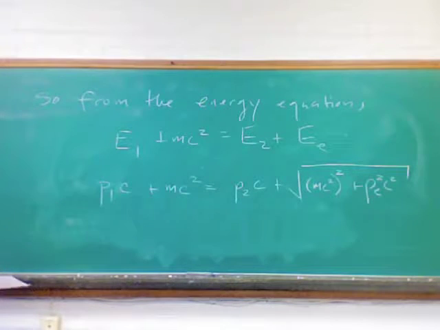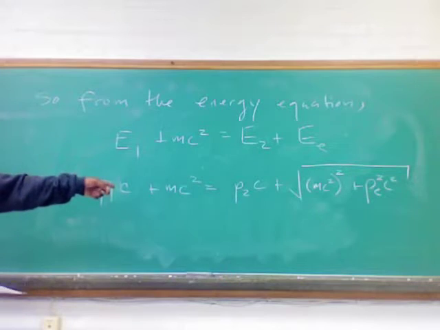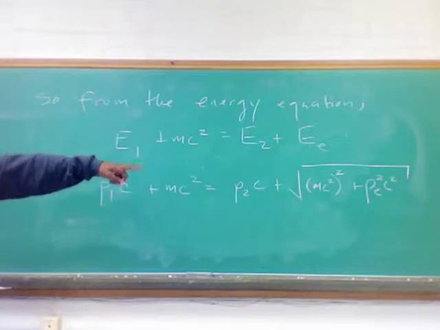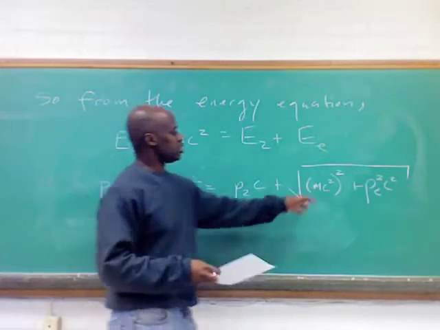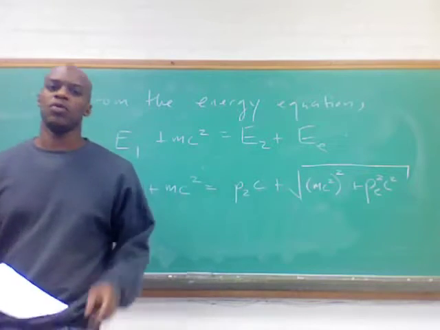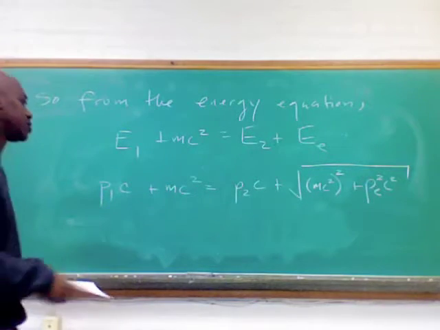We're just plugging in what we know is the energy for the photon and keeping the rest energy of the electron. And if our electron's got rest energy mc squared and momentum Pe, we get the energy of our scattered electron.